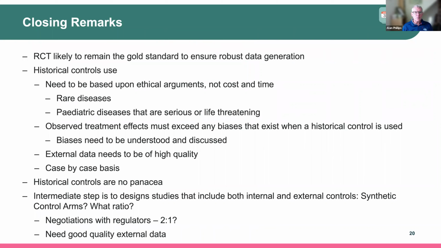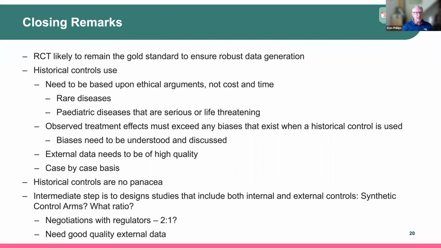From this statistician's perspective, randomized clinical trials, I think, will remain the gold standard to ensure robust data generation for the foreseeable future. I think historical controls can be used, and there are cases that you can quote, but if you're going to go down that route, you need to use them based on ethical arguments, not cost or time.